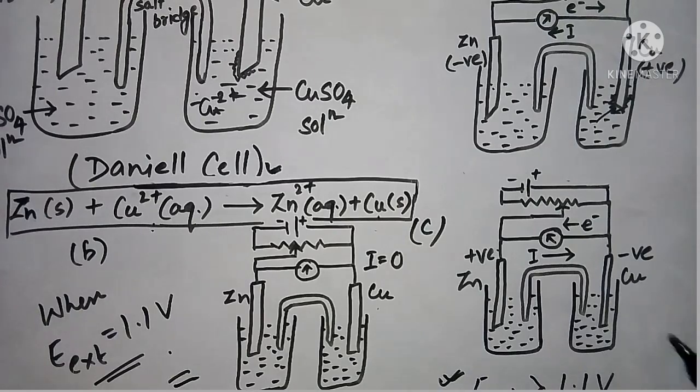But if we put more electrical energy to carry out this non-spontaneous reaction, then in this third case, when the external potential is greater than the cell potential, the cell will act as an electrolytic cell.